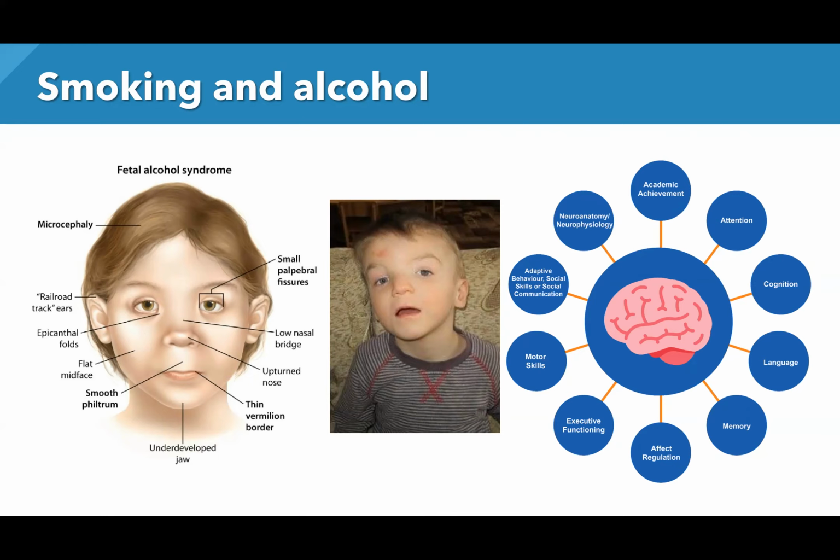These impairments include language skills being affected, poor memory, poor regulation, poor cognition, and attention. And this will undoubtedly affect their academic achievement and potential to have a happy and healthy life.